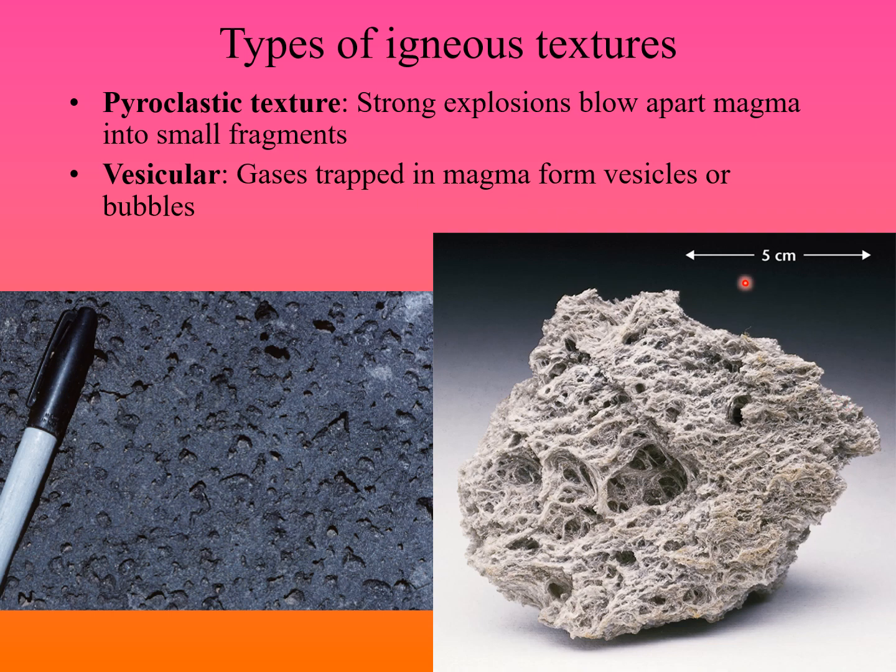And that's the case in the pumice that we have in our rock kits. Or they can be vesicular, which is a term we use to talk about rocks that have gases trapped in them in the magma. And then as they form, those gases are released and they form these vesicles, or void spaces where there used to be bubbles.